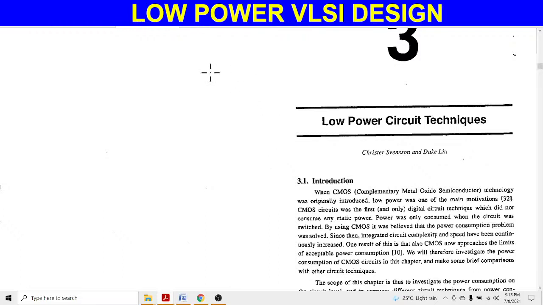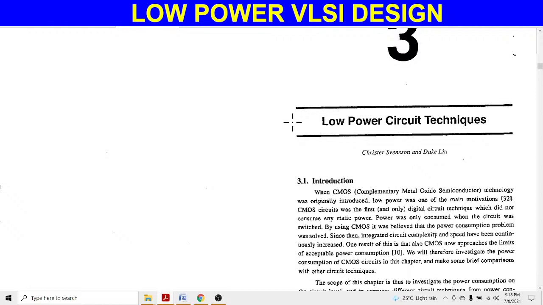The main advantage of this CMOS technology is that it consumes very low power. Along with that, one more advantage is that the speed of a design made with CMOS technology is very high.